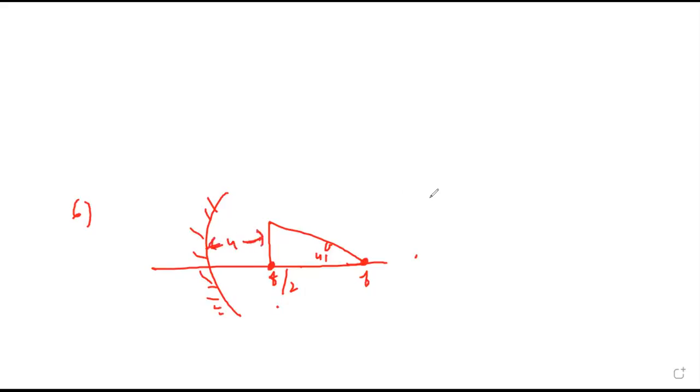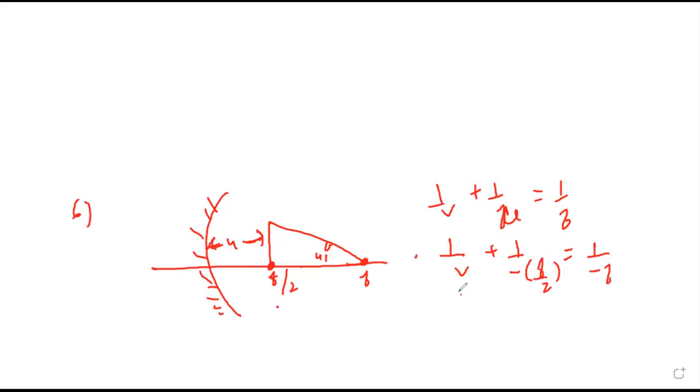Yes, sir. So 1 upon v plus 1 upon u equals to 1 upon f. 1 upon v plus 1 upon minus of f by 2, because it is concave mirror, equals 1 upon minus f.